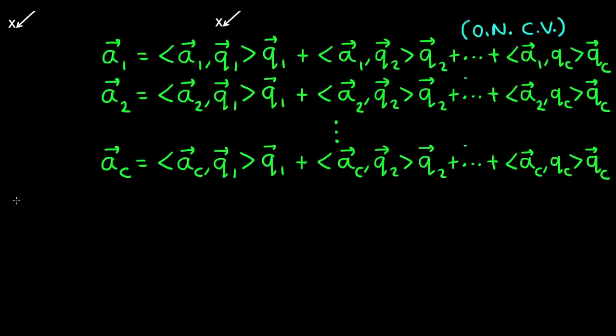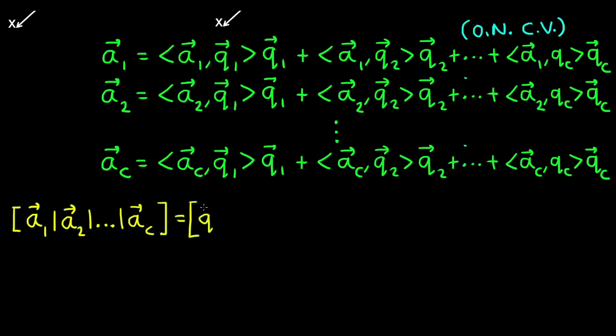So we can write this in matrix form by putting A on the left hand side. So we have the matrix of the column vectors A1, A2 up to AC, and that's equal to Q, which has the orthonormal column vectors Q1 to QC, multiplied by the R matrix.